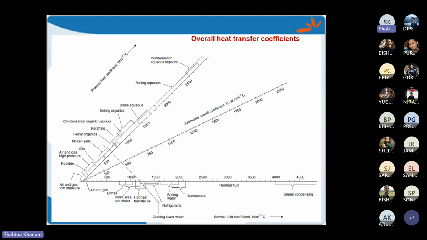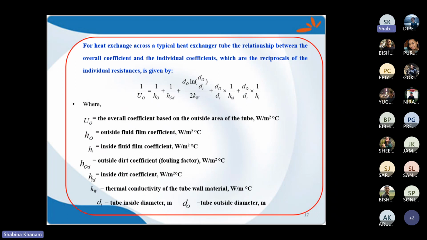How we will find HID and HOD, we will see, and HI and HO, we will see. But understand one thing, that HID and HOD you can obtain depending upon the fluid, from the standard table. I will show you after some slides.